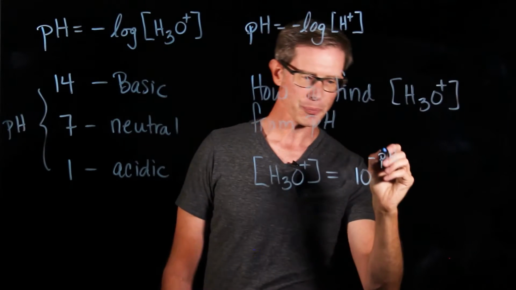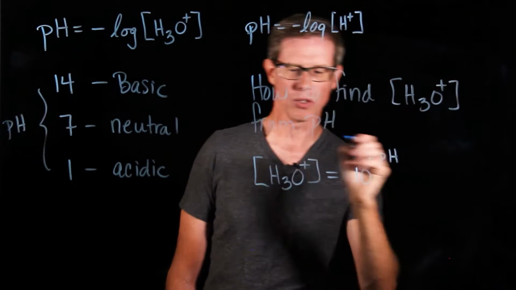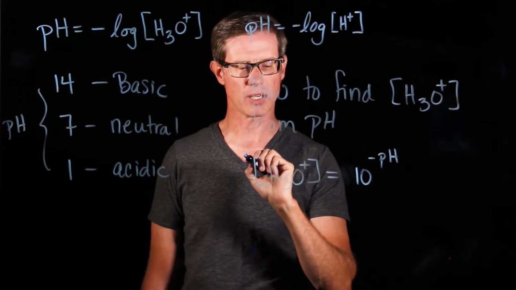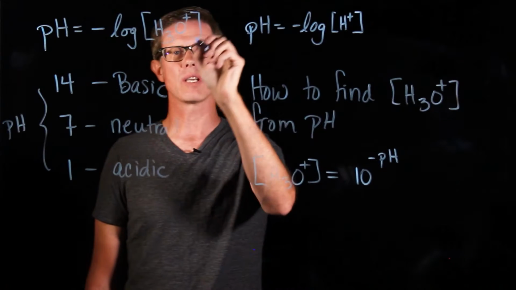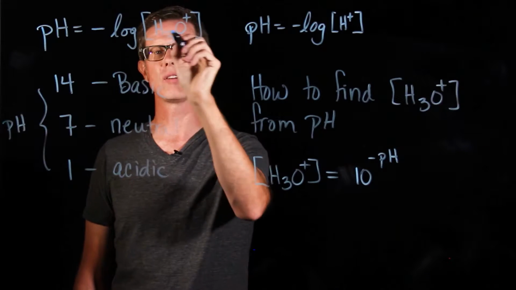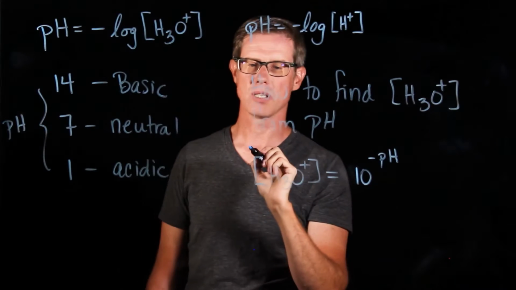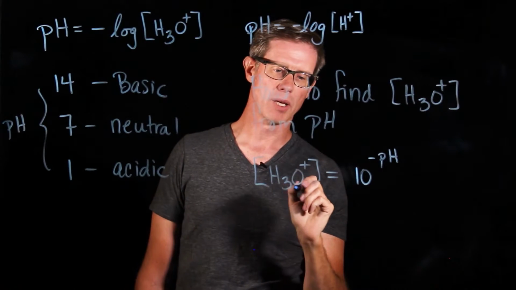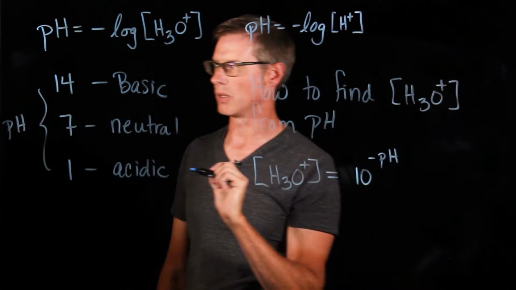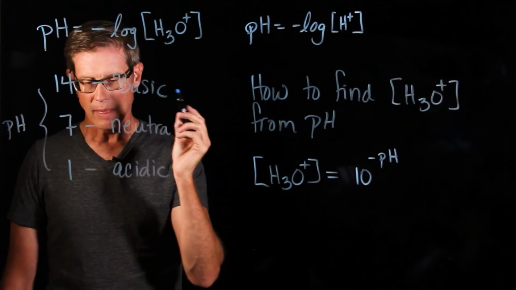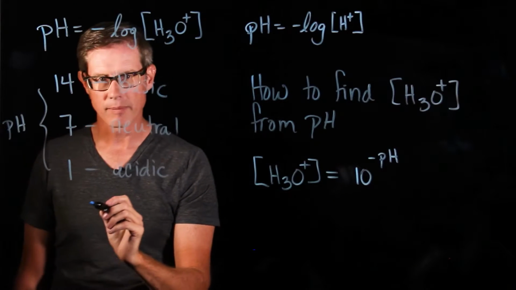So now, if you're given a pH, you can use this equation to solve for the concentration of H3O+. If you're given the concentration of H3O+, you can use this equation to solve for the pH. What you will be doing in this lab is measuring your pH and finding the concentration of H3O+.